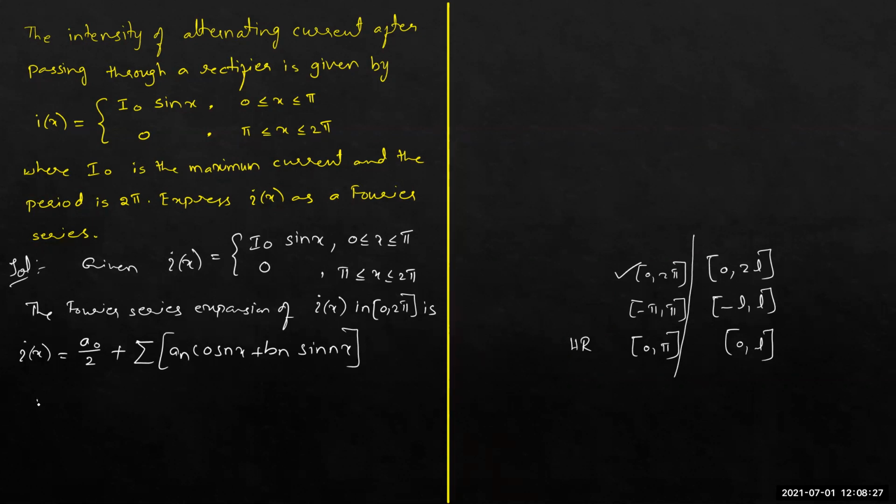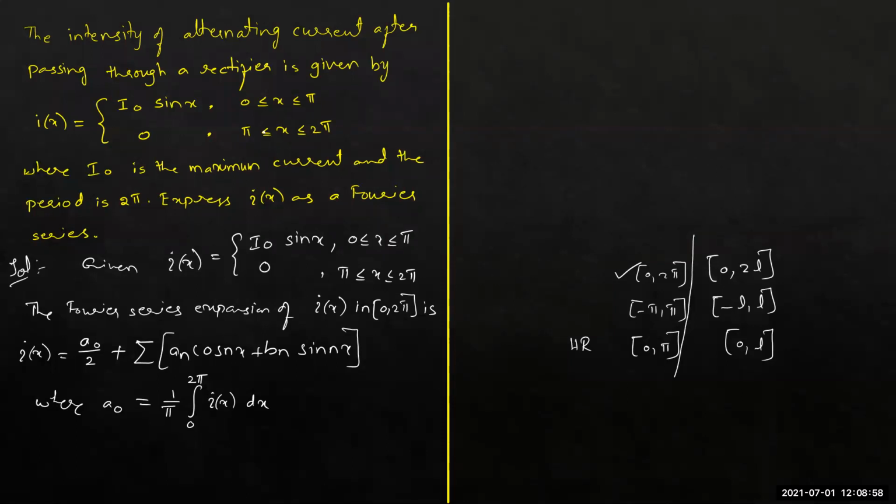Okay. Now here, if you recall a naught, how can we write it? It is 1 by pi into integration from, normally, we take it as from 0 to 2 pi, the function, for whichever function you are writing the Fourier series, here it is I of x dx. But here we need to evaluate the integration of I of x between 0 and 2 pi, correct? But if you look at the definition of I of x, there is a break.